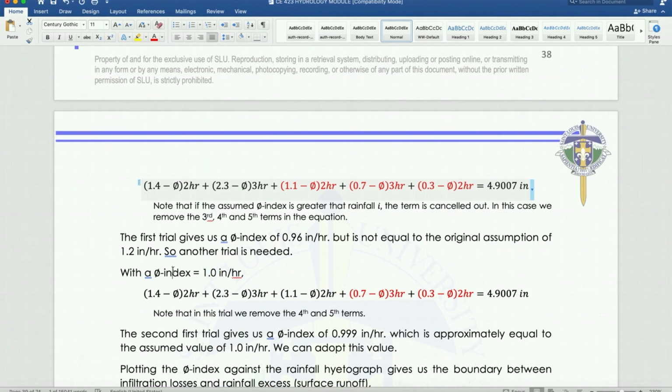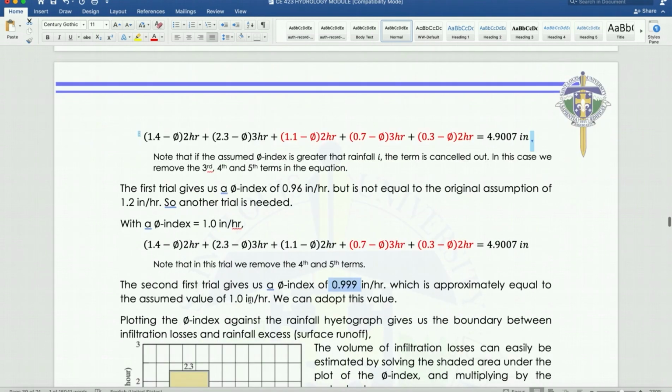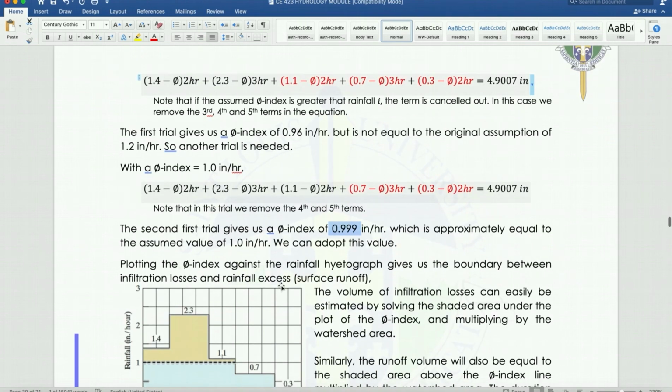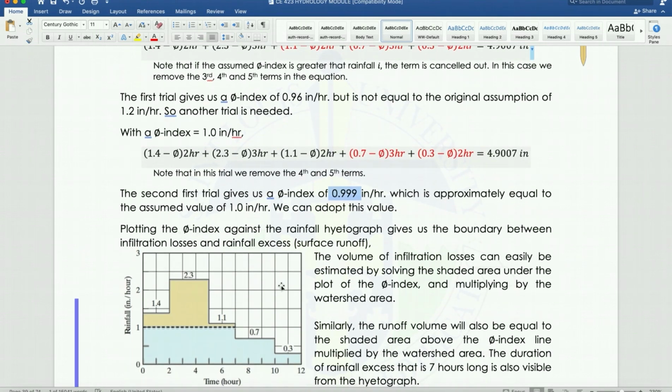Therefore, my phi index, the assumed value of 1 is correct since nag-equate na si phi index at saka si assumed value. Okay? Thus, we can now plot it to our hyetograph so we can check the losses and the excess.